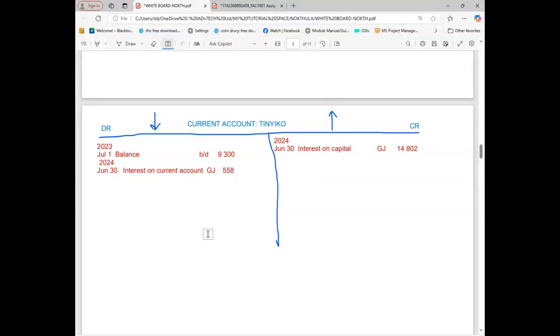So we need to pay the salaries. Where do you think we're going to pay the salaries? We credit. Yes. And I'm going to write it, obviously, just like that.